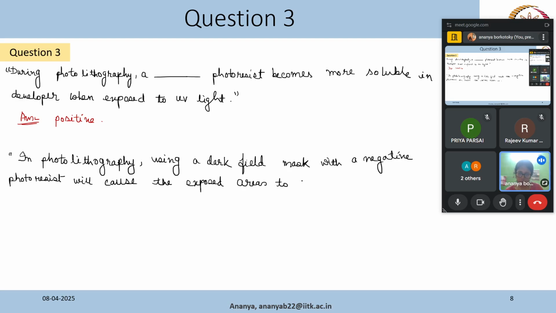This question and the previous one are similar, so that is why I have kept the same slide.